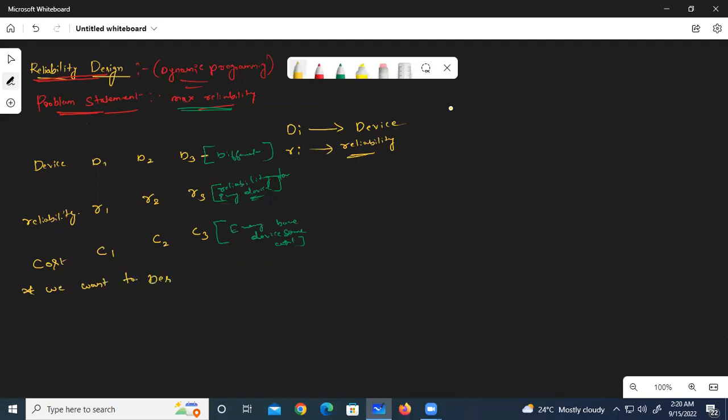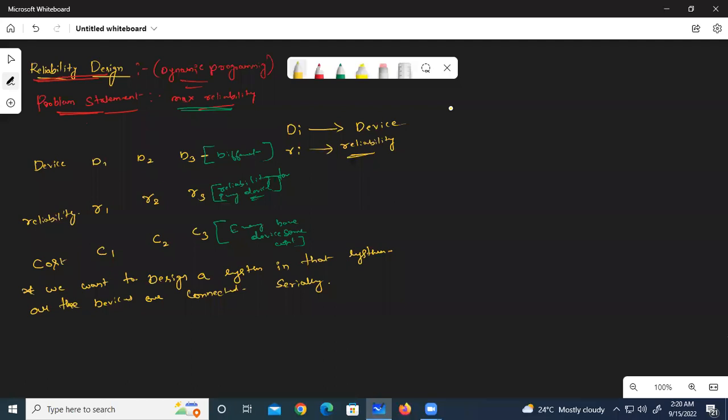We want to design a system in which all the devices are connected serially.